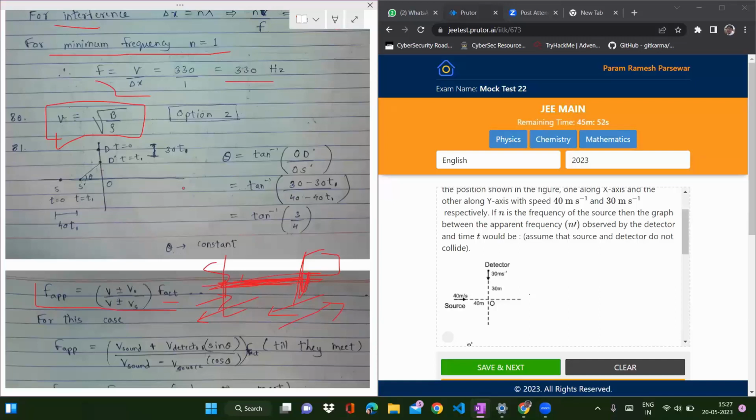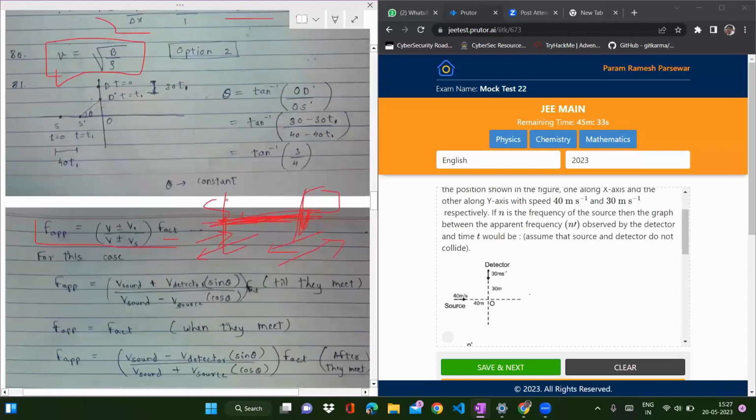We can have the relation for theta as tan inverse of OD dash minus O by OS dash. OD dash comes to 30 meters minus 30 into T1, which is the distance traveled by the detector. So 40 minus 40 T1. But this comes out to be tan inverse 3 by 4, which will be constant.